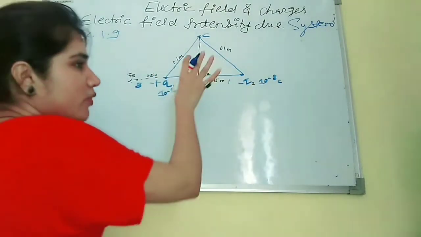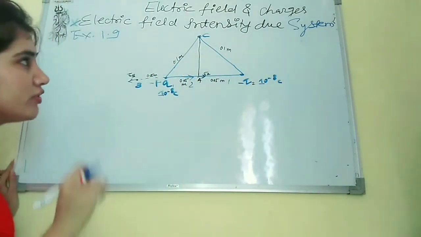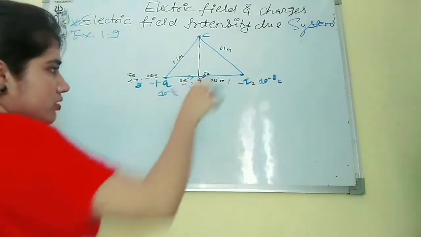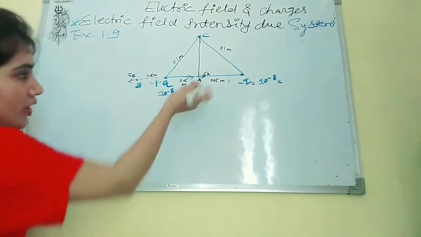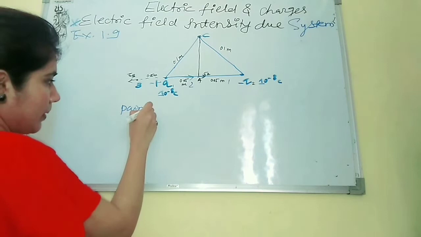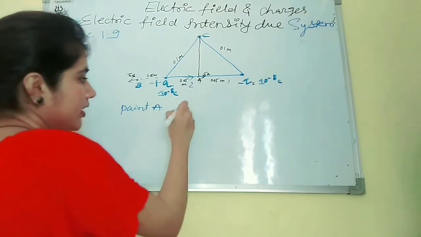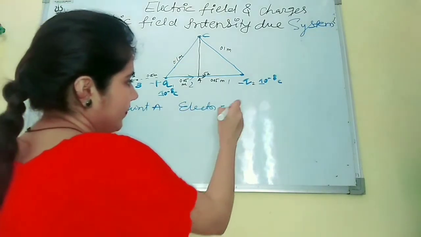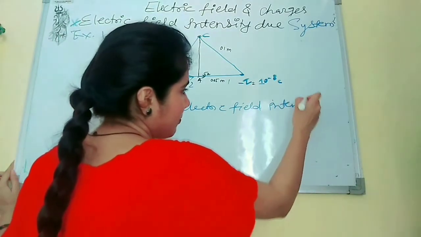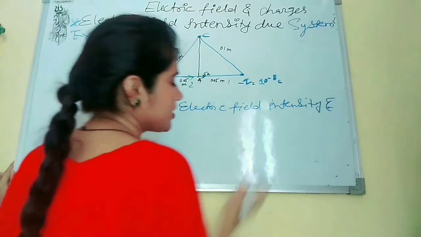It is all given in the book, and we have to find the values of electric field intensity at the points. First we will see point A. The electric field intensity we simply denote by E.